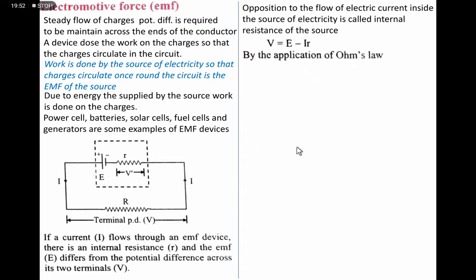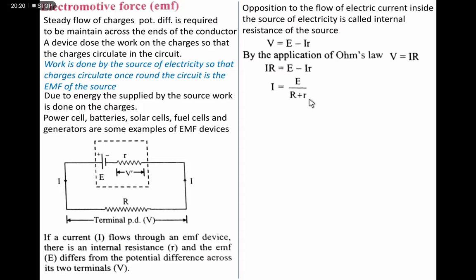Then V is equal to IR, using Ohm's law, so the equation will be IR is equal to E minus Ir. Taking this minus Ir to this side, the equation becomes E is equal to I capital R plus I small r. So I will be common, and we write E is equal to I into bracket R plus r.